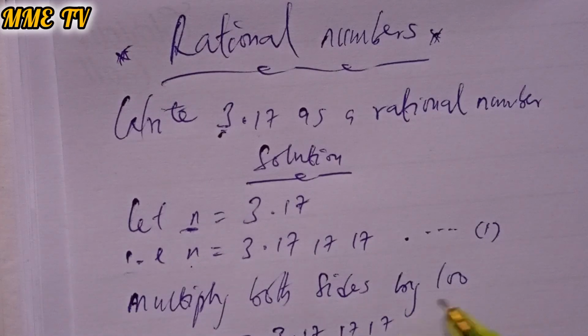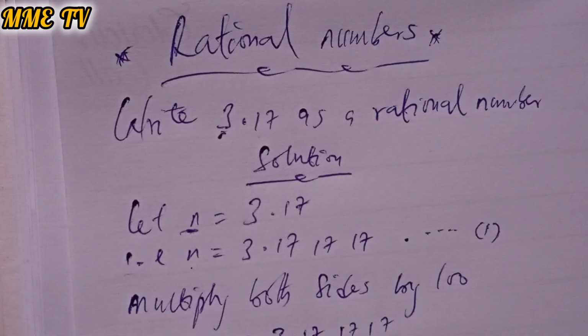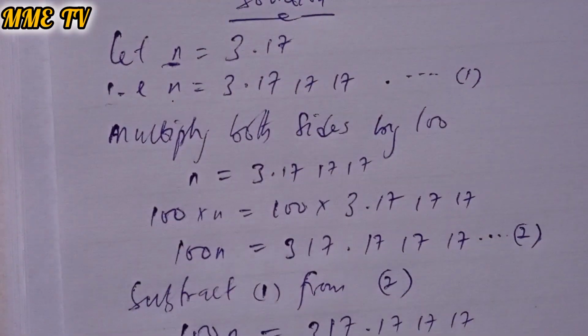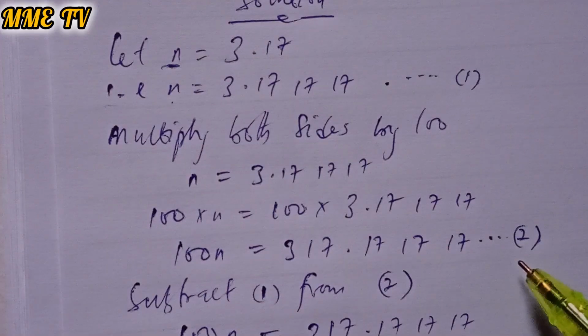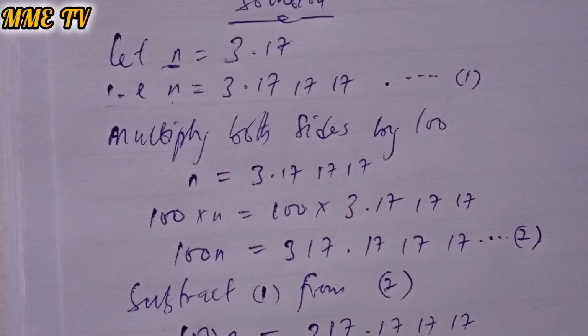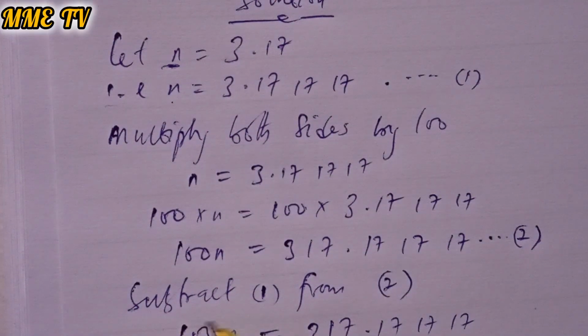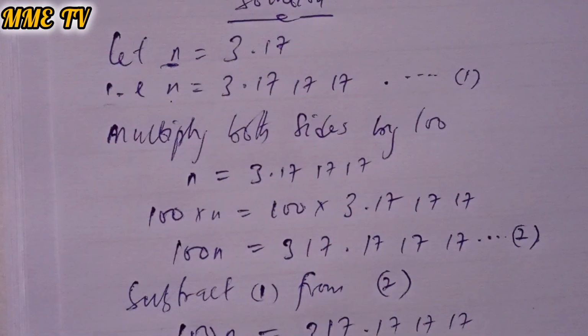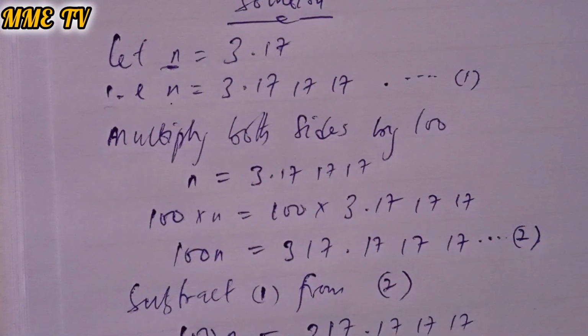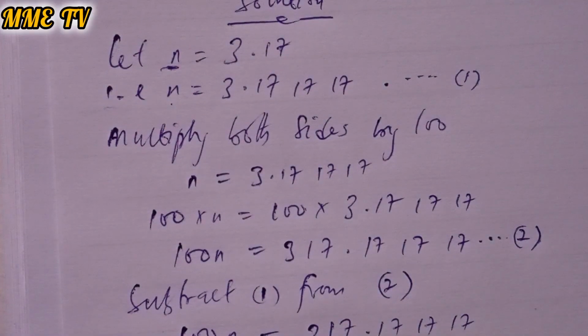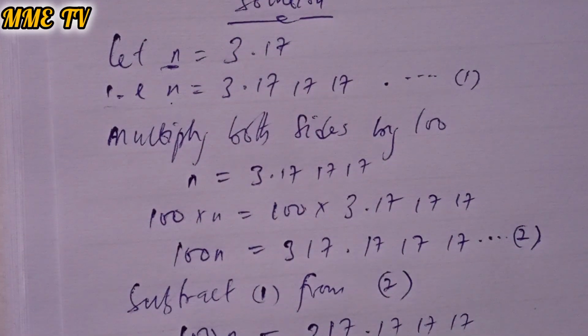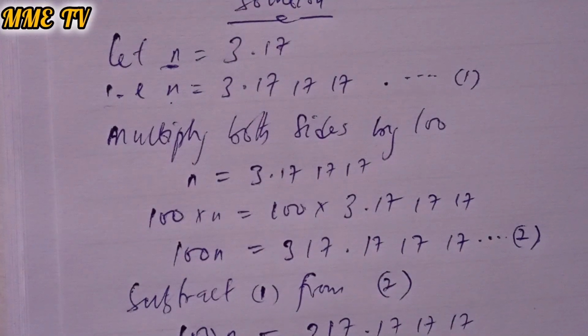Then when you multiply through by 100, which will land you at equation 2, the only thing to do is subtract equation 1 from equation 2, meaning that you will say 100n is equal to 317.1717, and then the other one is minus n.